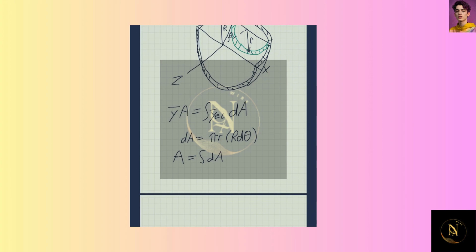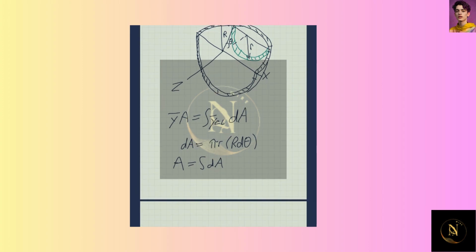And so we need dA, the differential area, to solve for the total area for our equation of the centroid.